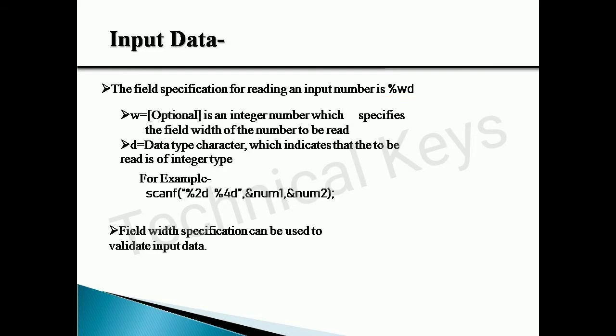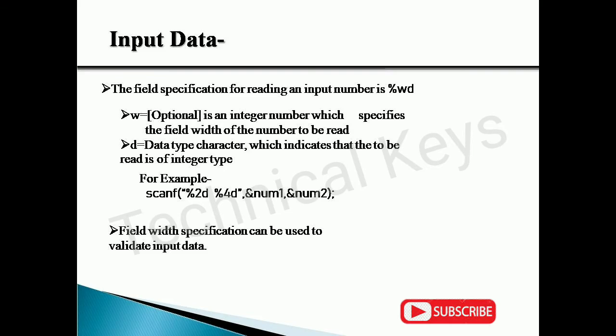This width specifier is basically used for restriction purposes. If I want to tell the user to enter only two digits, then in my programming itself I will restrict it to two. How? In place of this w, I will write %2d here.